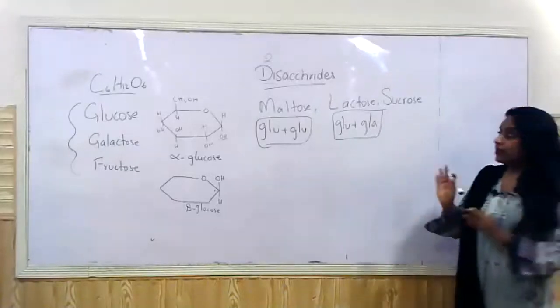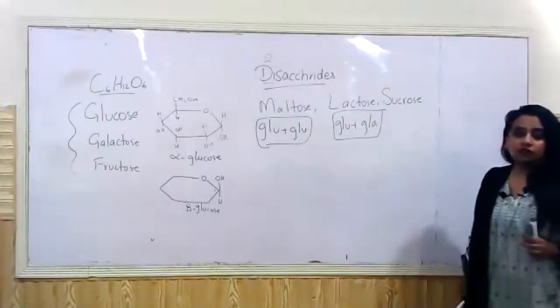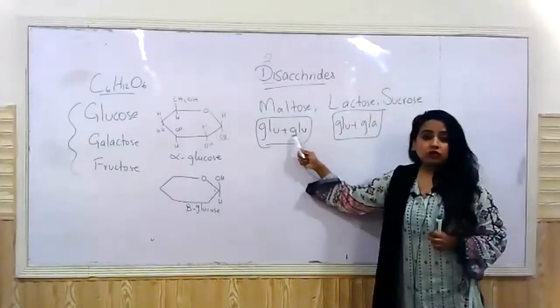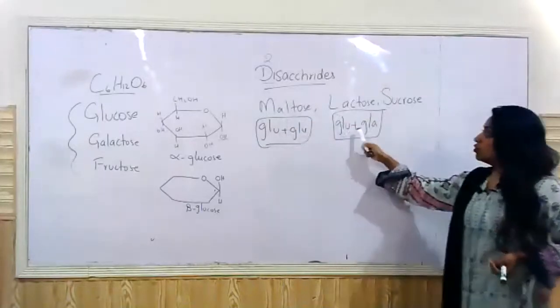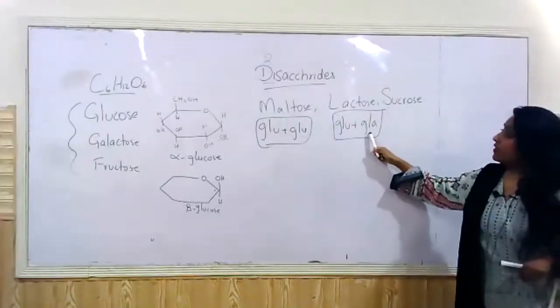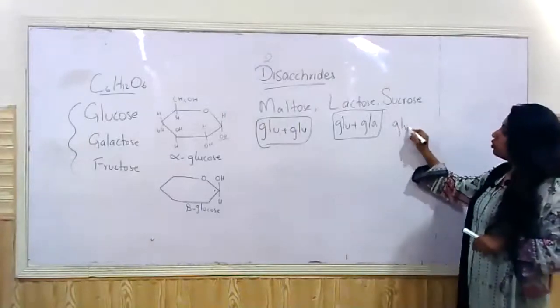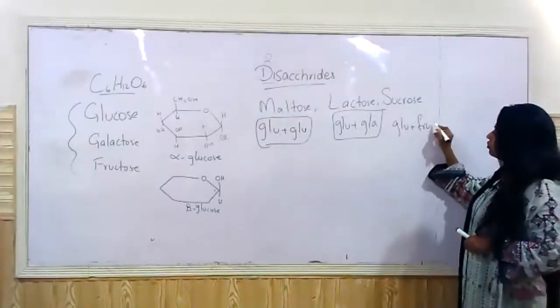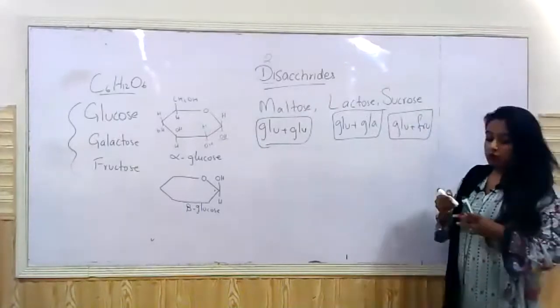Glucose plus galactose, that gives rise to what? Lactose. So lactose is formed by two monosaccharides, glucose and galactose, right? Both glucose molecules linked together giving rise to maltose. Glucose and galactose linked together giving rise to what? Lactose. And glucose plus fructose gives rise to what? Sucrose. So this is how they're linked.